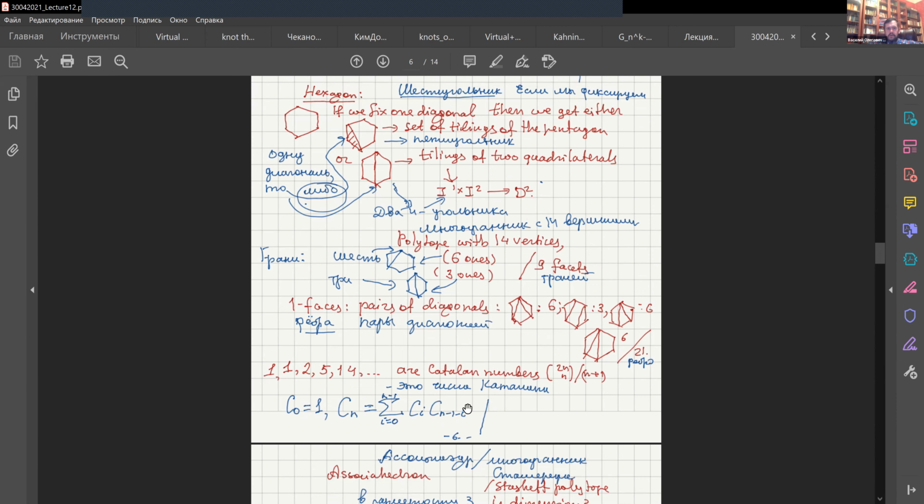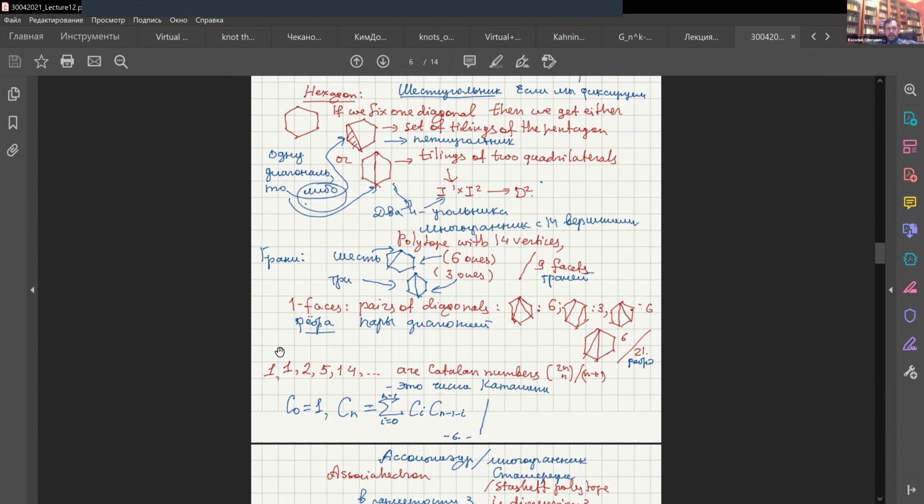So Catalan numbers can be considered as follows. This is the sequence with the first Catalan numbers 1, 1, 2, 5, 14, and so on. And the explicit formula is 2n choose n over n plus 1.